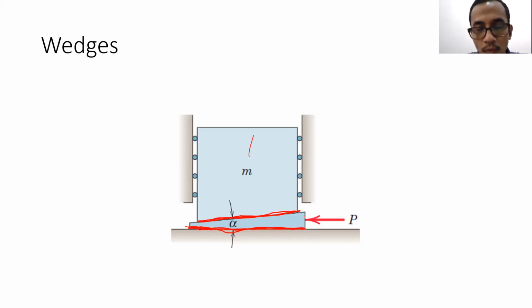So we have two friction surfaces there: between the mass and the wedge, and between the wedge and the ground. So that's the thing that we have to concentrate on.